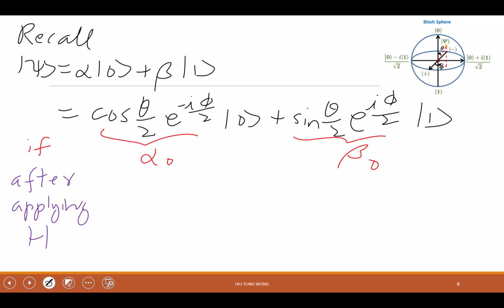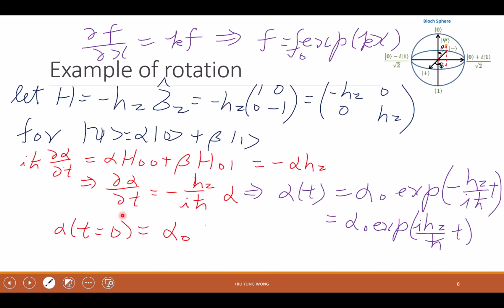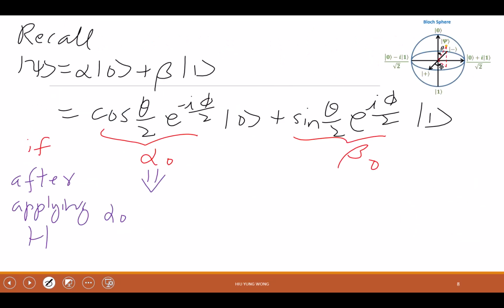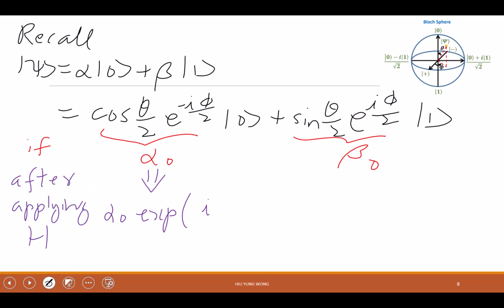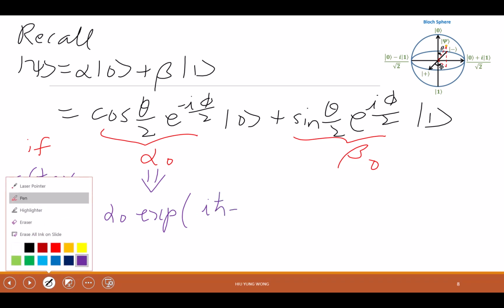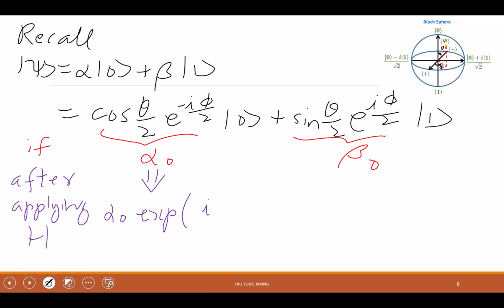We just say that alpha 0 becomes alpha 0 times the exponential of negative i Hc divided by h bar, t.